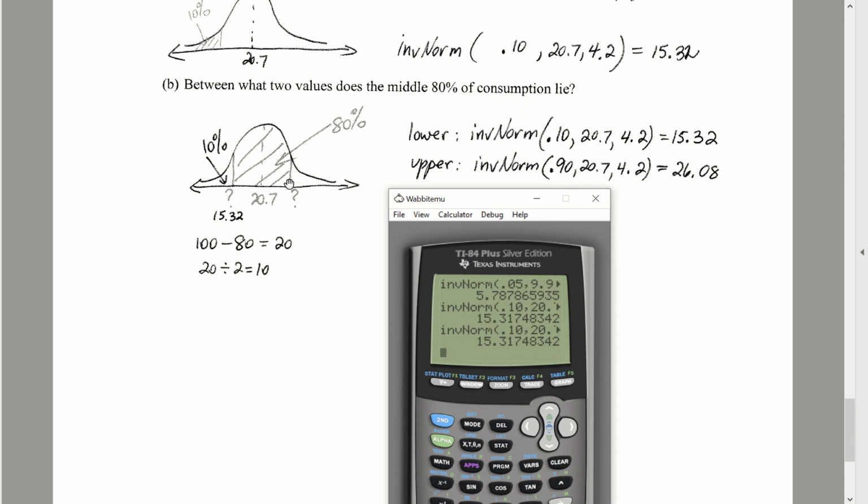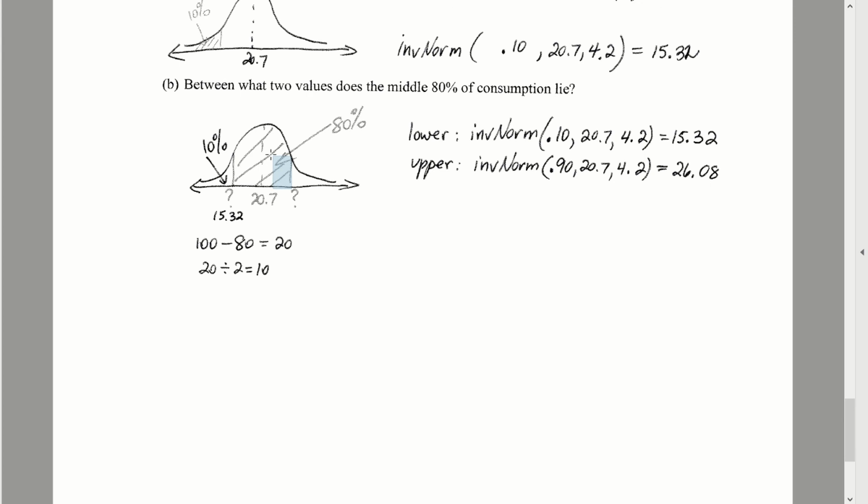Let's now go ahead and see if we can find this one right here. We want to find this particular upper bound. Well, we know that it's 80% between these two, and it's an additional 10% below the first one. So the total area, the cumulative area to the left of this guy here, should be 10% plus 80%, which is 90% or 0.90.